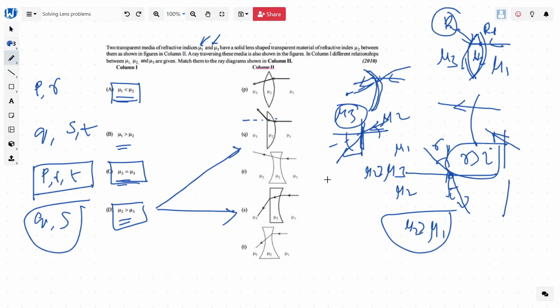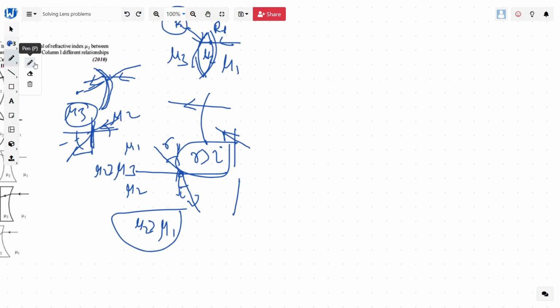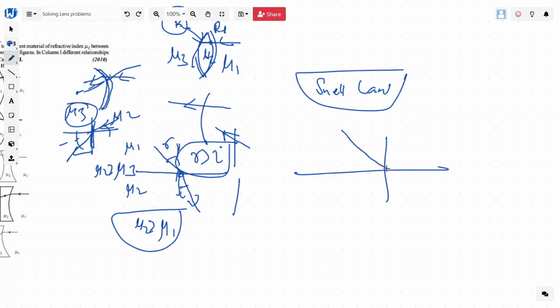So always remember, whether it's a lens or any spherical surface or any kind of a straight surface, Snell's law will always be valid, right? And this question tries to check that: do you really know Snell's law, and can you fundamentally apply it? It says that if a ray of light is coming like this, and here is medium 2, here is medium 1, and the refractive index N2 is greater than N1, the ray of light will bend towards the normal, right? So this angle is always going to be smaller.